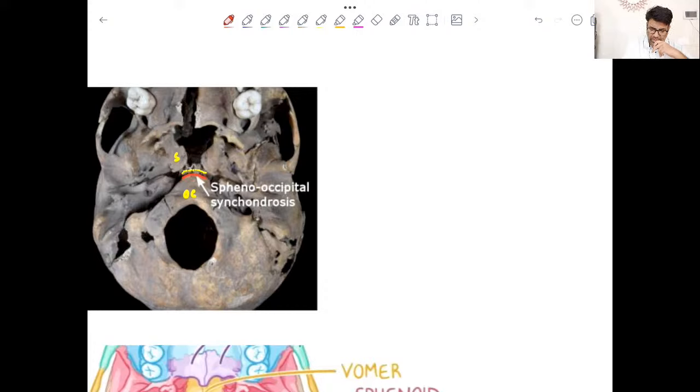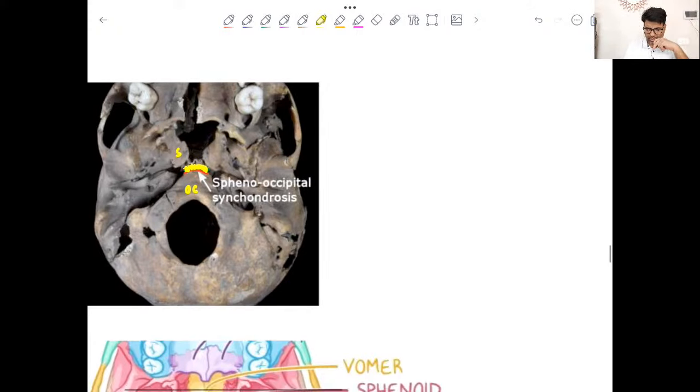This junction is known as the spheno-occiput junction or joint, right? So the question is about this particular joint. Yes, Sangmitra, you are absolutely right. This is between 20 to 22 years. Perfect. So the question was about the time period of fusion of these two bones, and it is about 20 to 22 years.